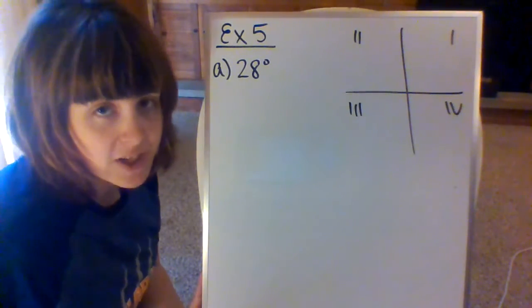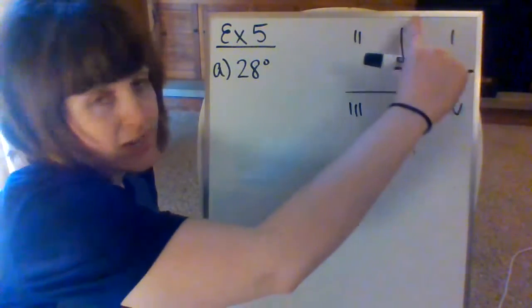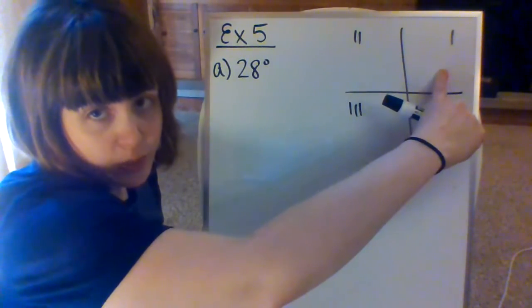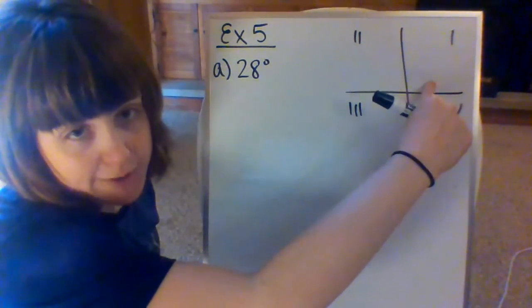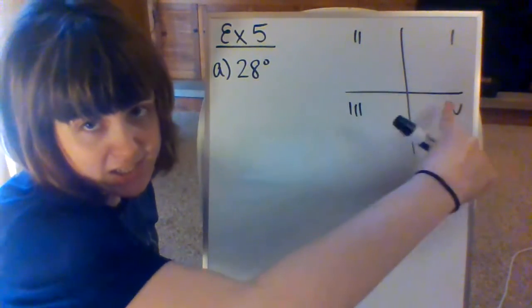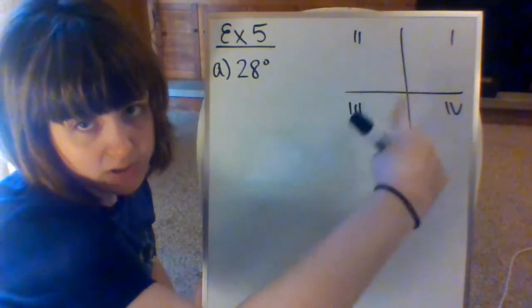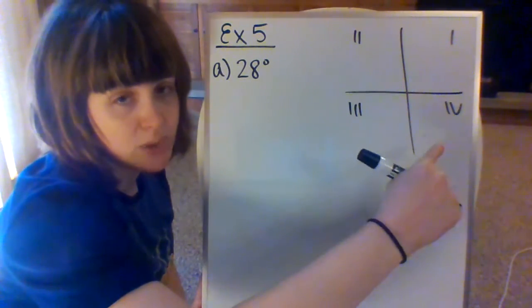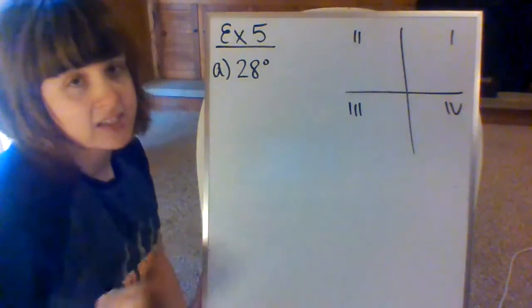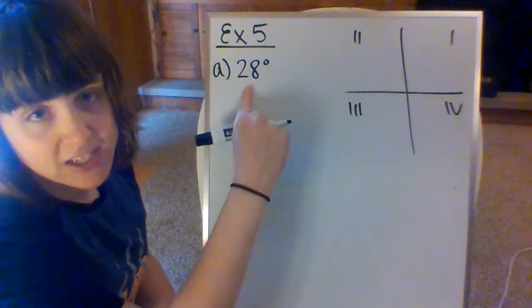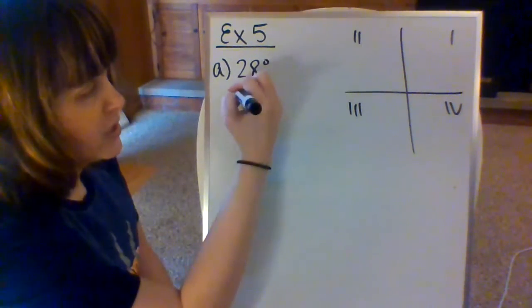So 28 degrees is between 0 and 90, so it's going to be in quadrant 1, and when something's in quadrant 1, it is its own reference angle, because reference angles are the distance between the x-axis and our angle. So wherever your angle is at, reference angles are always the distance between your angle and the x-axis. So here, 28 is its own reference angle.